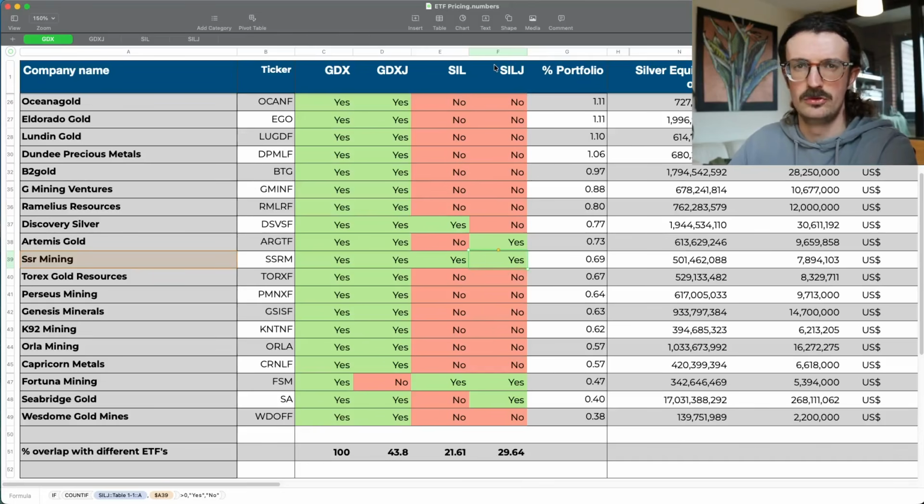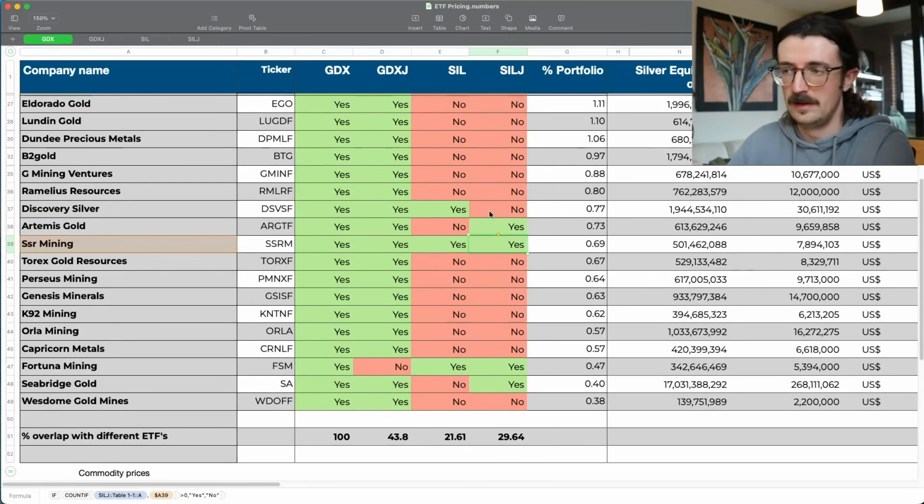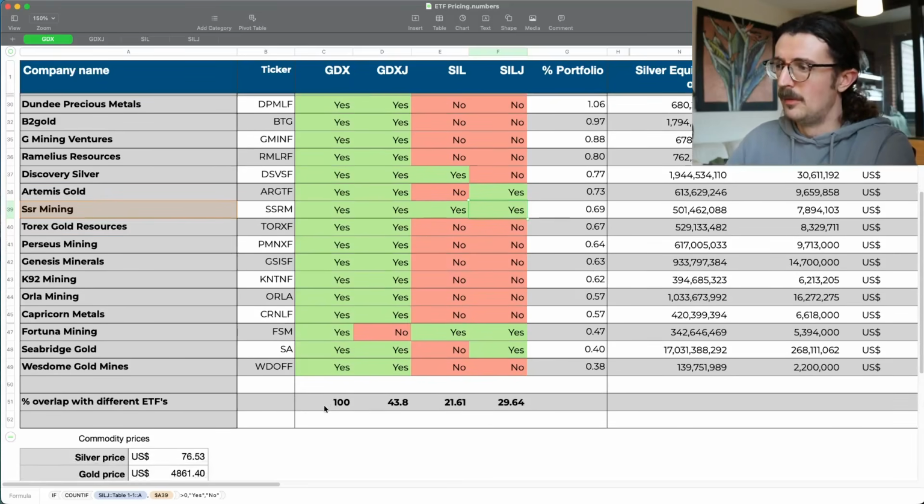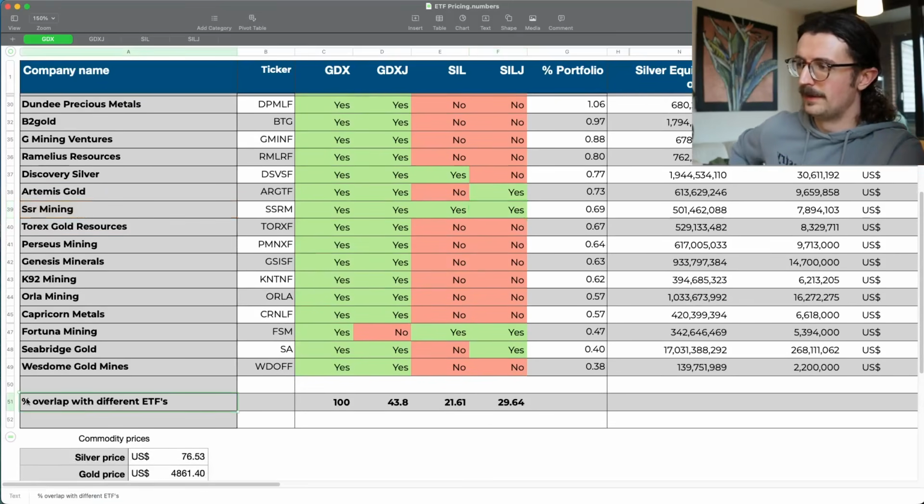So I think we should collectively just forget the names of these ETFs, because clearly there is too much overlap within them to even be called different in this market. But right here at the bottom, there is a percentage overlap with different ETFs.